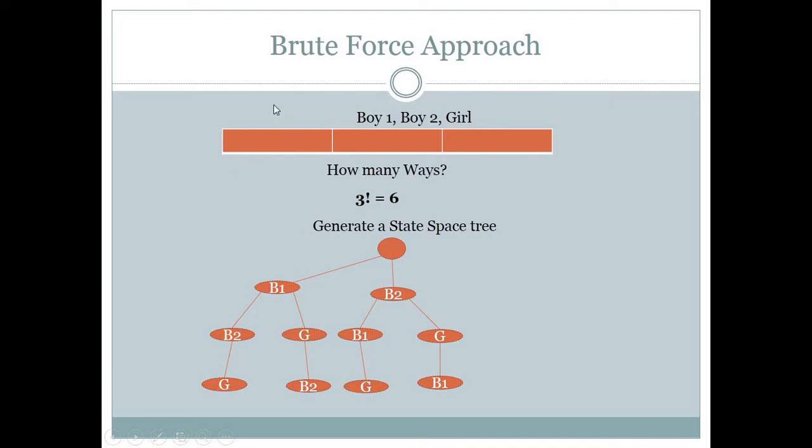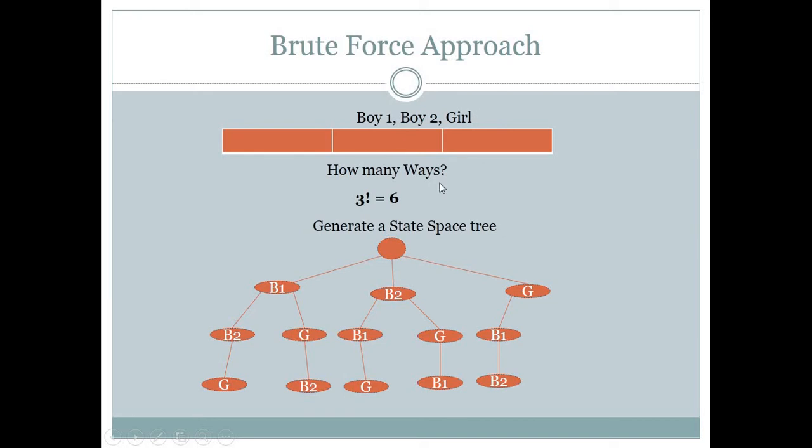Again, if on the first seat the girl sits, then onto the second seat boy 1 can sit. If the girl sits on the first place and boy 1 sits on the second place, then at the last space boy 2 will sit.